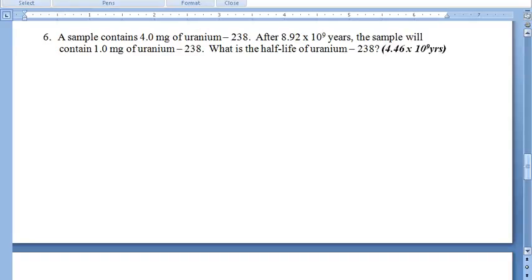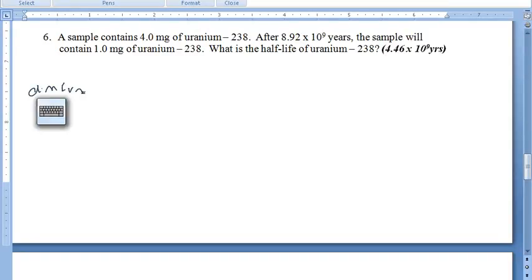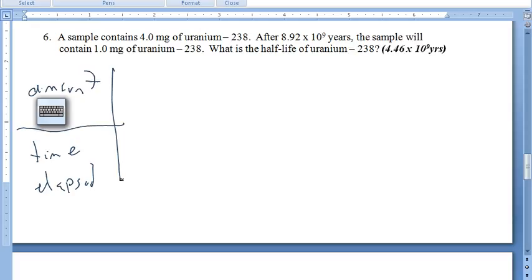When you still have the amount and still have time elapsed, here we have the sample contains 4 milligrams, 4.0 mg. That's at time 0. The sample contains 1 after that many years.